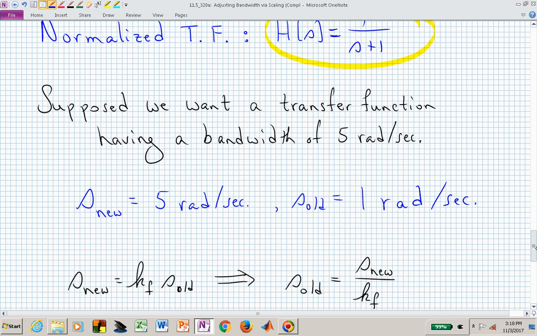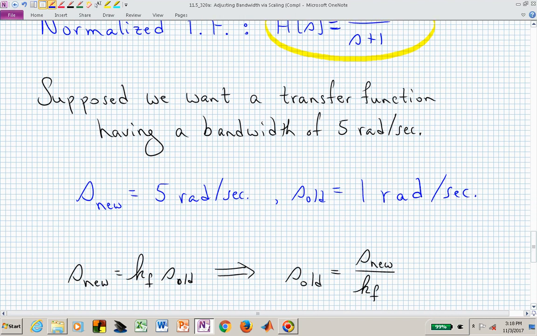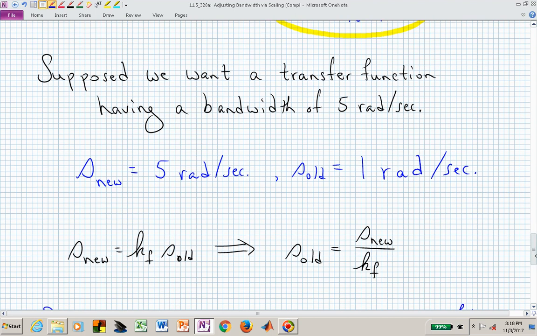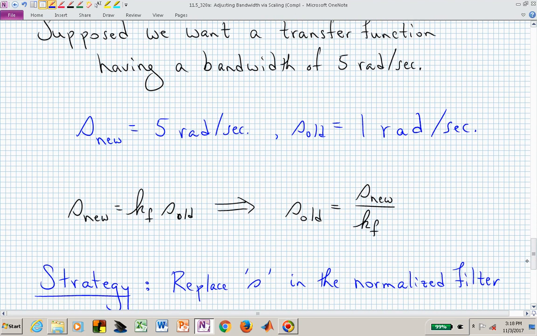And we already know what we can do if we want to perform frequency scaling. We have the new equal to the old scaled by the frequency scaling factor K sub F. If we solve that for S old, which in our normalized transfer function is the S that we really have, then that becomes S new over this scaling factor K sub F. And that's now our strategy.